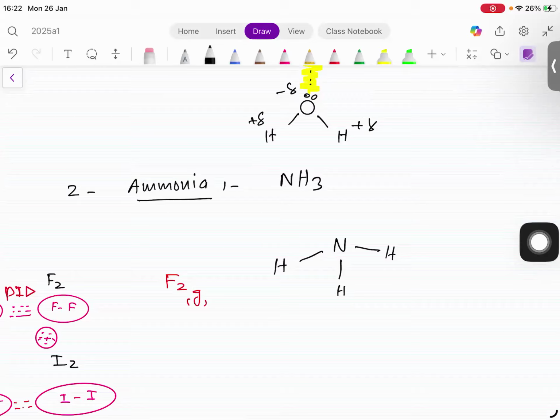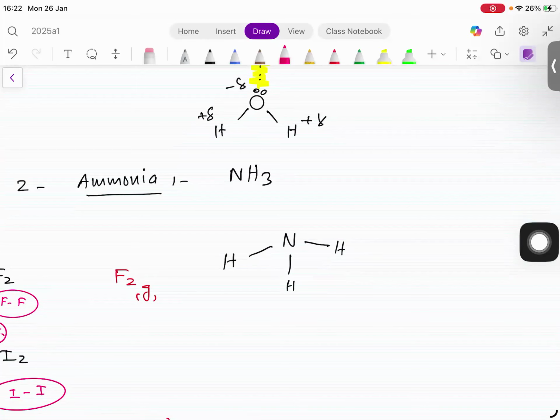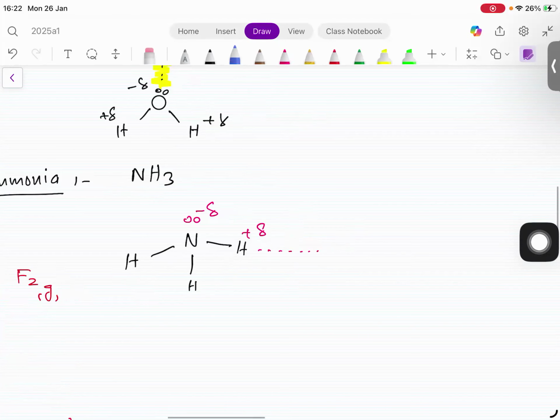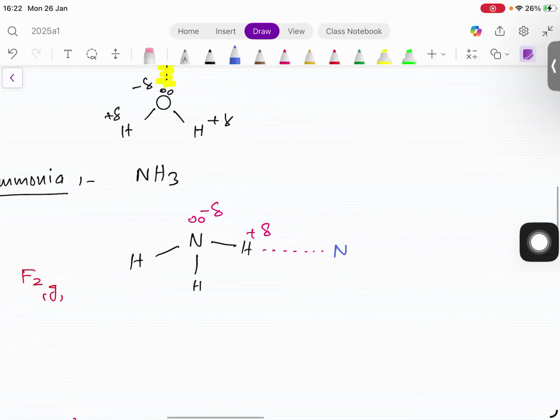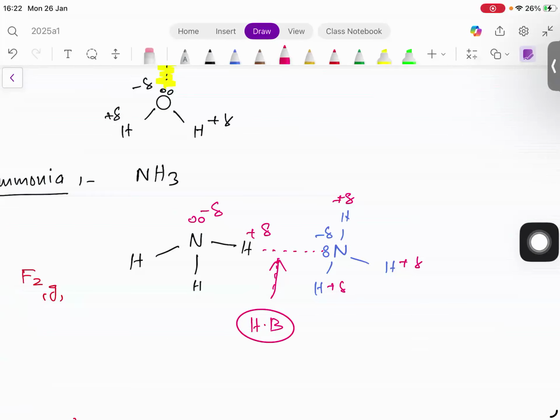So its intermolecular force is going to be hydrogen bond. And how do you have to show it? Use this hydrogen with the next nitrogen. You have to draw all the charges like this. This is hydrogen bond.